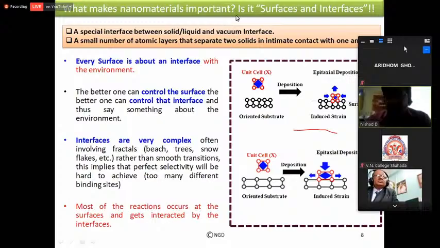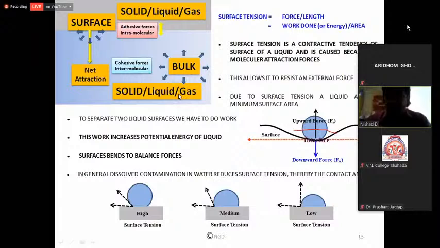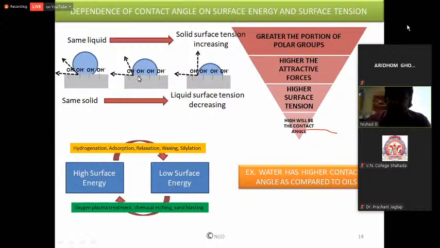So another question comes to mind, is it surfaces or interfaces? And the answer is yes. What we are actually trying to do is simply defined as we already have studied in our BScs, how the cohesive and adhesive forces take place when you have a surface and interface. So surfaces are affecting the surface tensions or the contact angles.